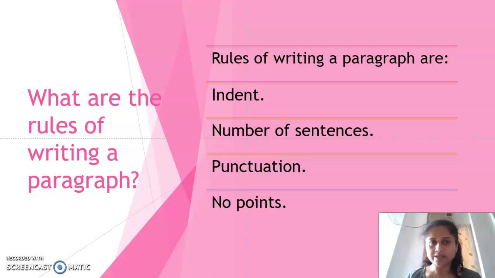Punctuation, as always in your language, is very, very important. And one of the main rules of writing a paragraph is you can't write down point sentences. Let's see these rules in a bit of detail to get a better understanding of what we are supposed to do while writing a paragraph.